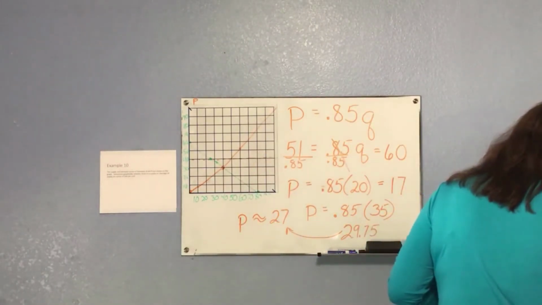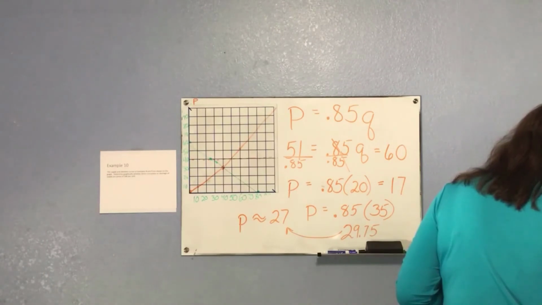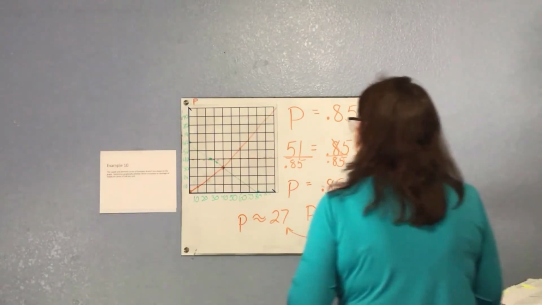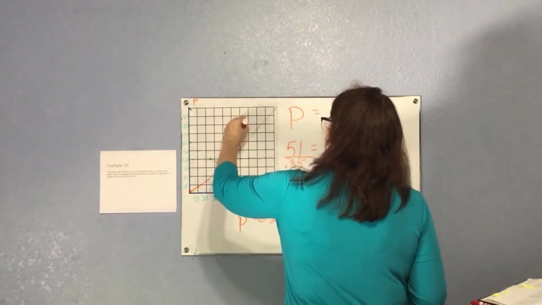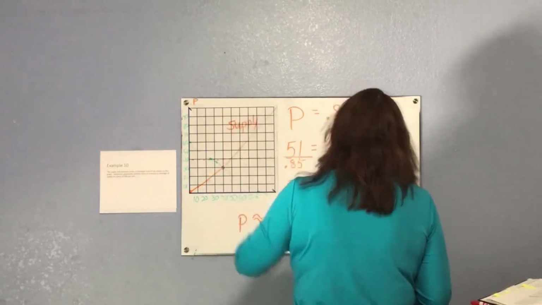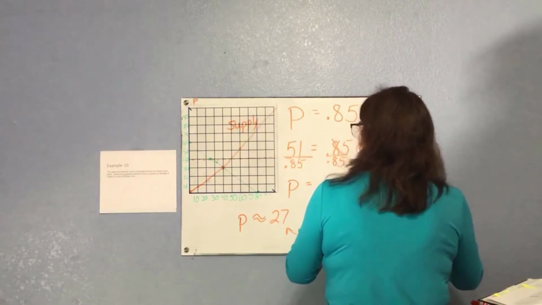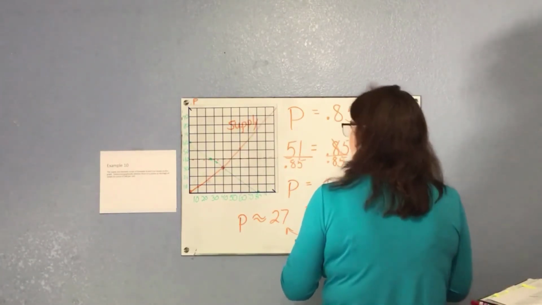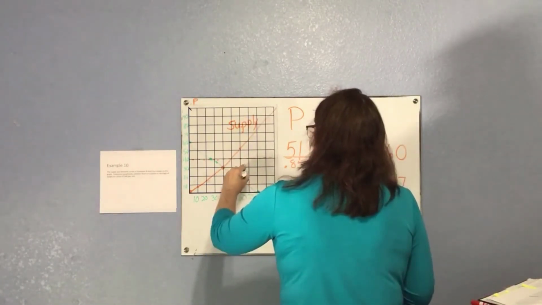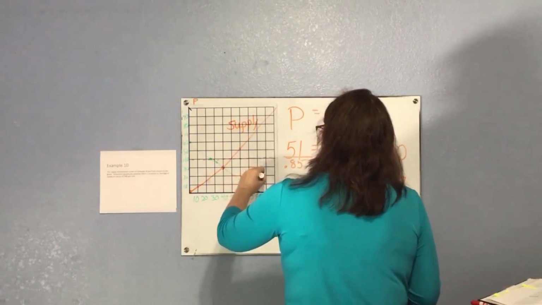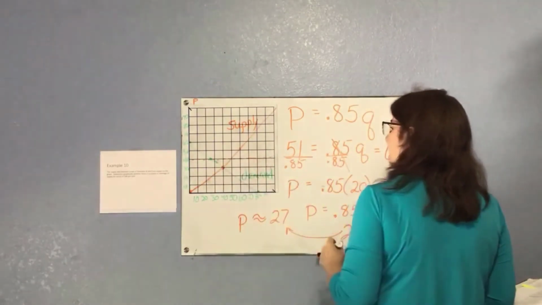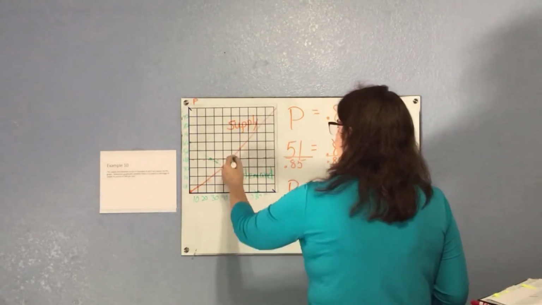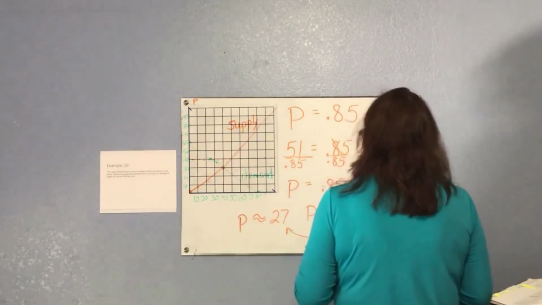And we're asked to find which one is more. Okay, this graph is the supply. And this green graph is the demand. So at this level of $40, the supply is larger.